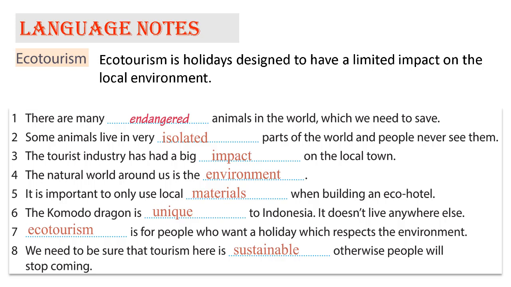Ecotourism زي ما شرحناها في الأول يخص الناس اللي بيحترموا البيئة. Number eight, we need to be sure that tourism here is sustainable, otherwise people will stop coming. وهنا sustainable هو معزز أو مقوى وإلا people will stop coming.